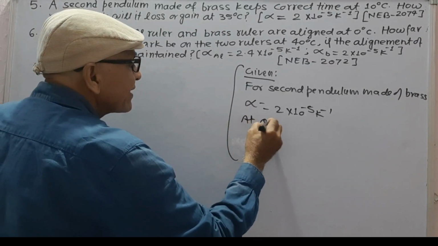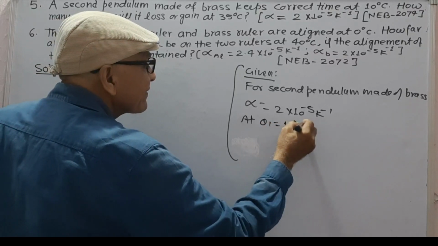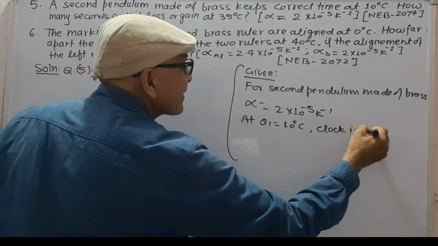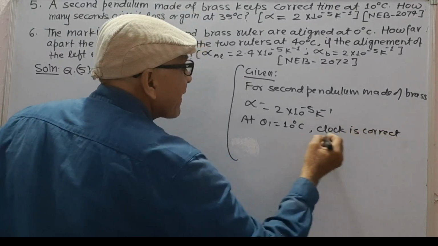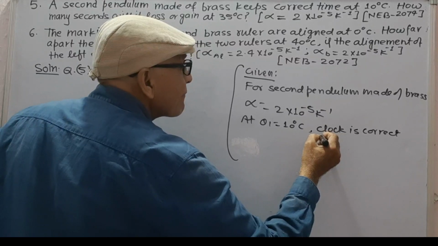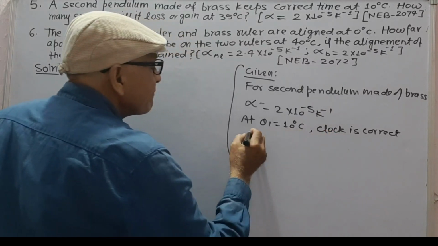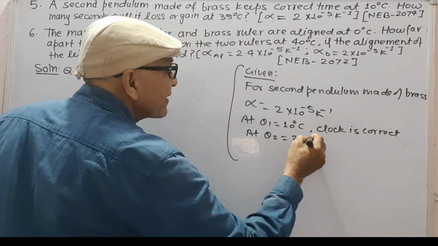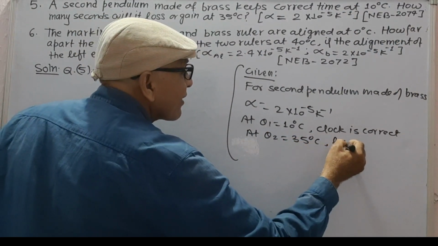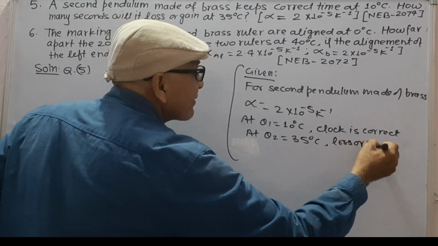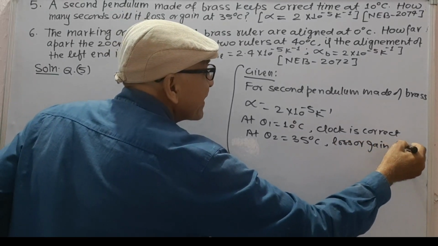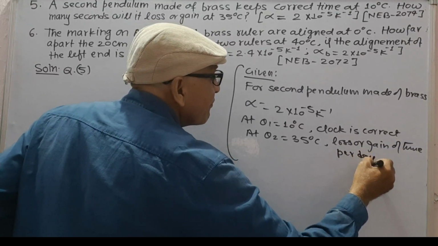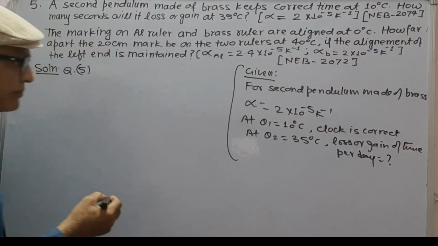At temperature theta 1 is equal to 10 degrees Celsius, clock is correct. At temperature theta 2 is equal to 35 degrees Celsius, loss or gain of time per day is to be calculated.